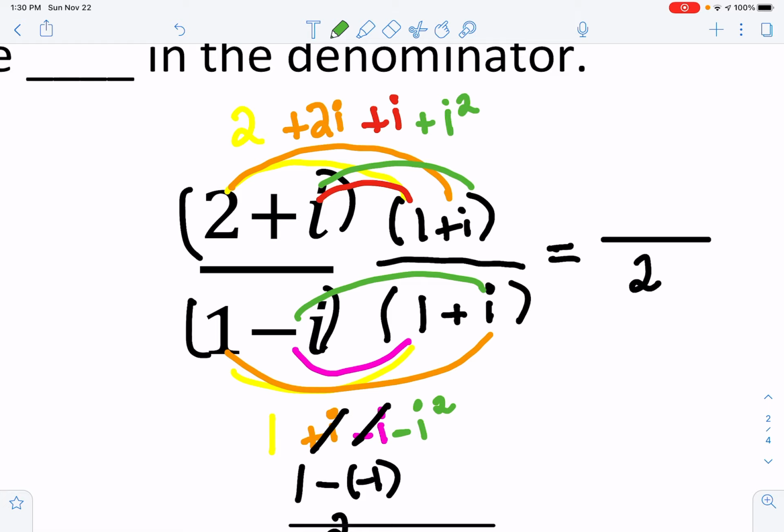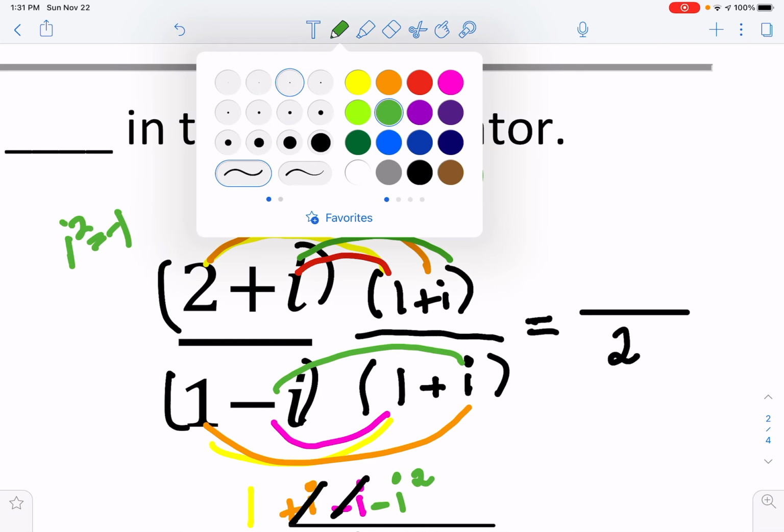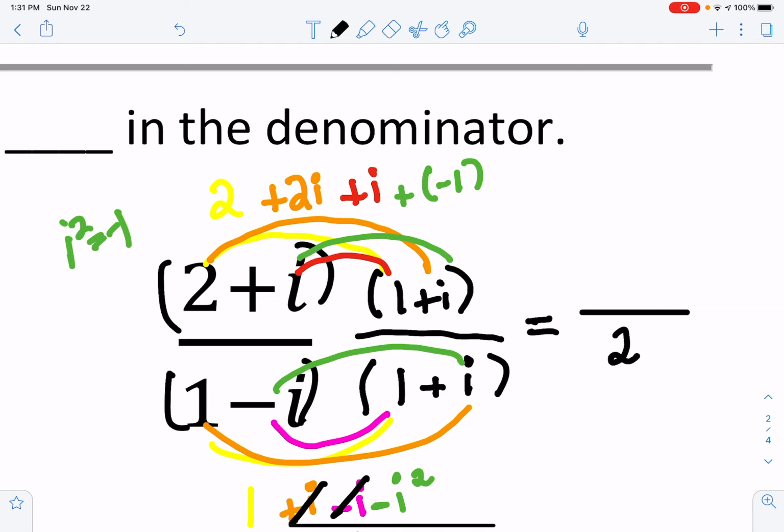At this point, it might be easiest to substitute in negative 1, since i squared equals negative 1. So this becomes negative 1. Now when I combine like terms, 2 plus negative 1 is 1. 2i plus i is 3i. So my numerator will become 1 plus 3i.